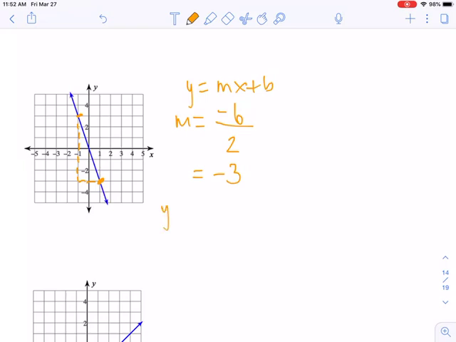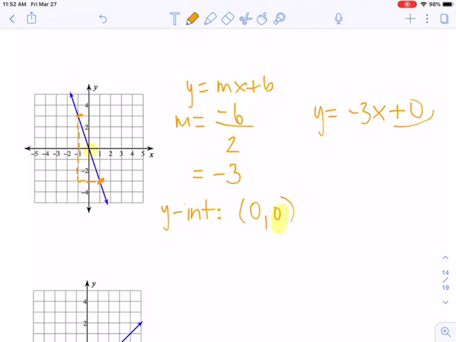Okay, and then the y-intercept. Okay, I'm just gonna highlight it again if that's helpful for you. Okay, it's right there, and that's the point 0, 0. And again, we just want that y value from that point. Okay, so we can get our final answer. That's y is equal to m, which is negative 3, times x plus 0, which is the b value or the y-intercept.